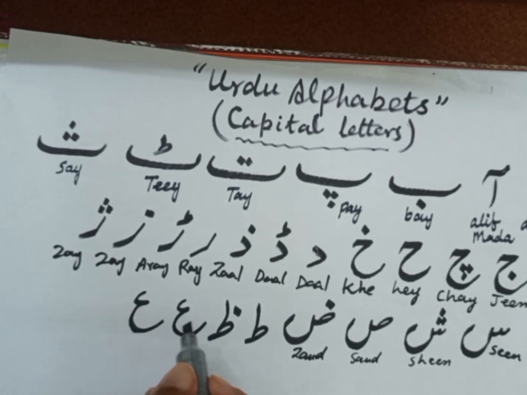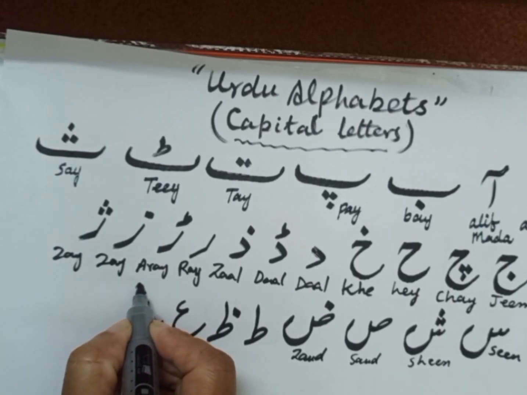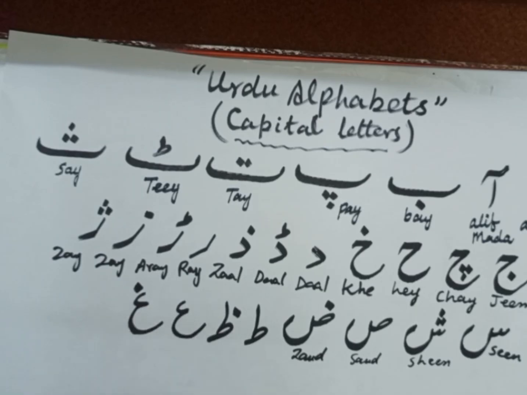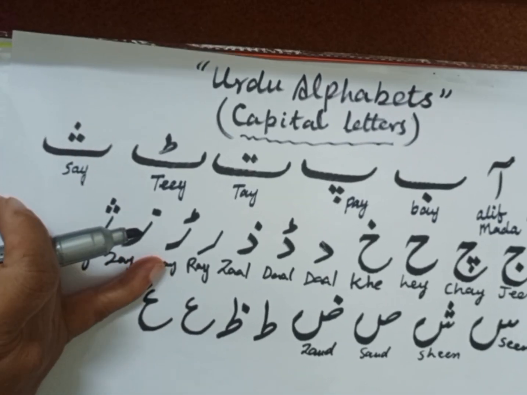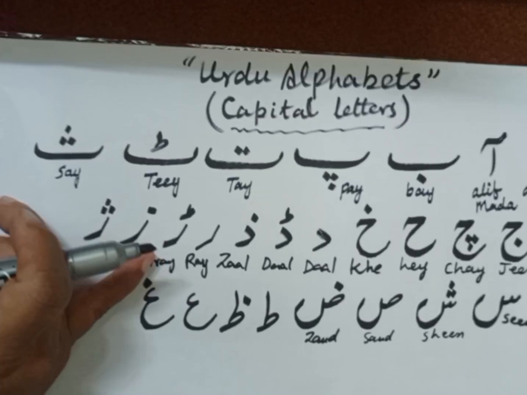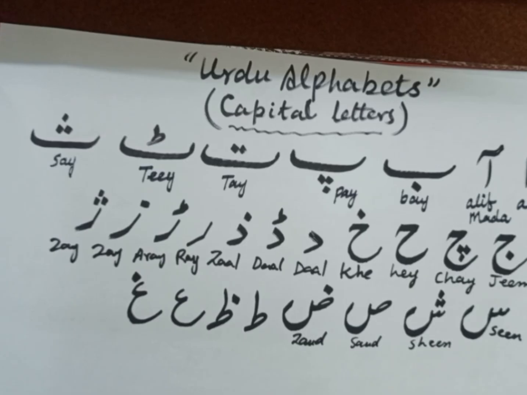This is also ein, but when we place one dot up, it becomes rein. If I remove this dot, this is ein, but with the dot, it is rein. Alright, repeat with me: seen, sheen, swad, zwad, toy, zoe, ein, rein.